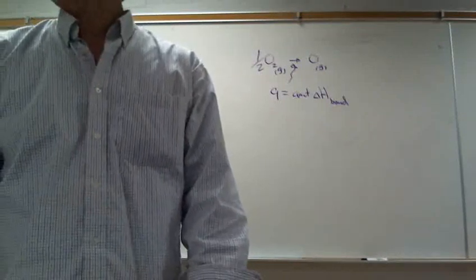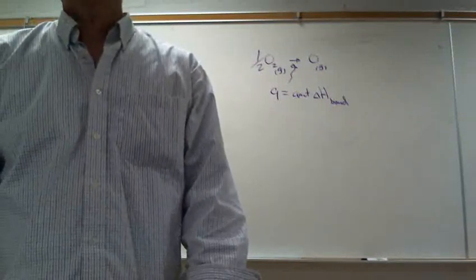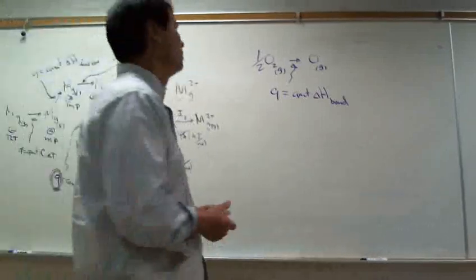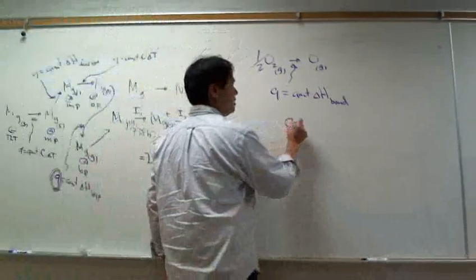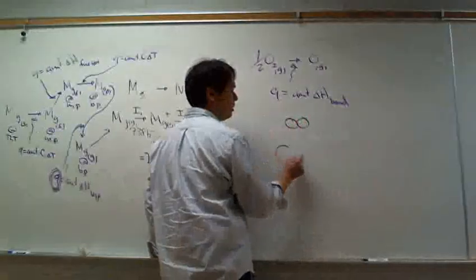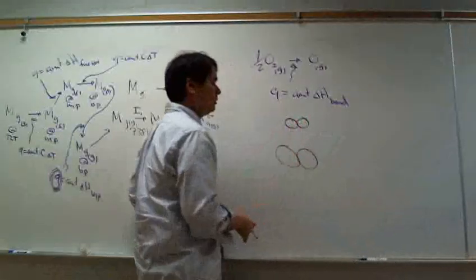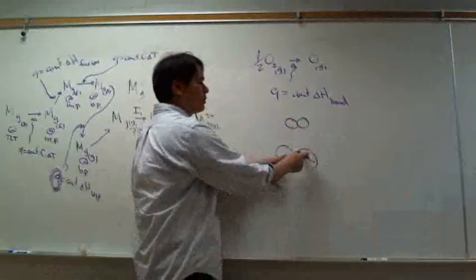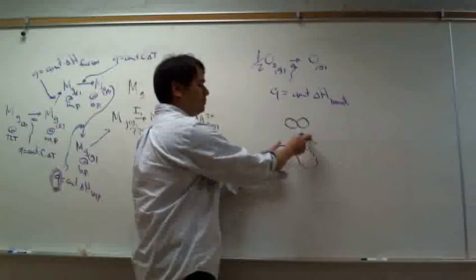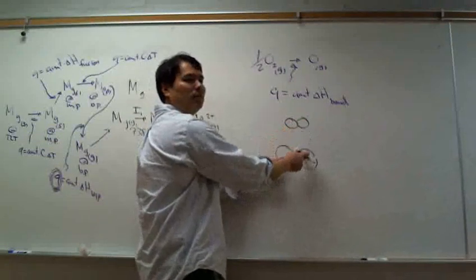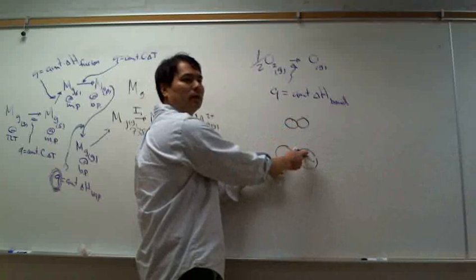Because oxygen is bigger than carbon? Oh no, oxygen is smaller than carbon. And so if you're thinking about breaking the bond, is it easier to break the bond from smaller or from bigger? Bigger.